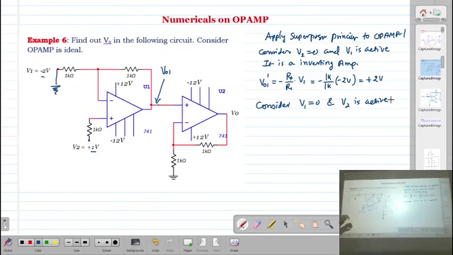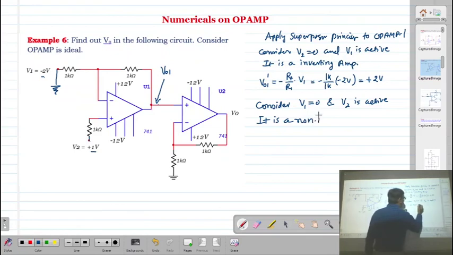So now if you look at this, then it is a non-inverting amplifier.